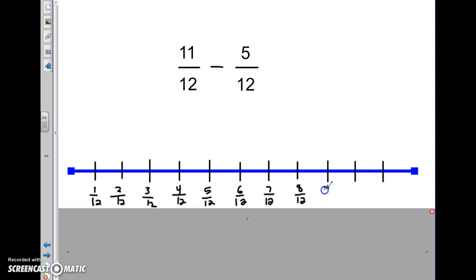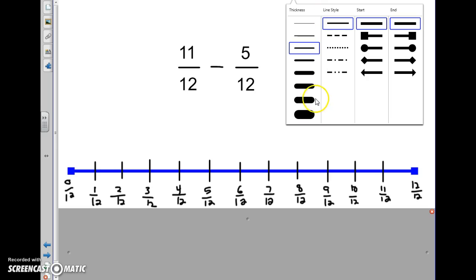So 8/12, 9/12, 10/12, 11/12, and what's the last one? You got it, 12/12, which is equal to 1. Let me start off over here with 0. Oops, 12ths.